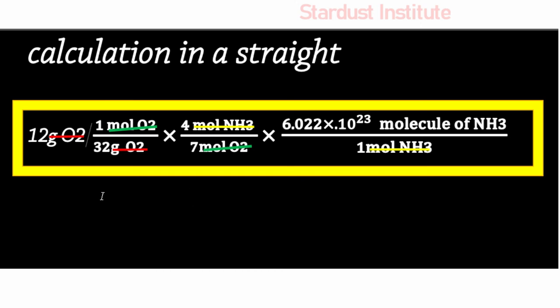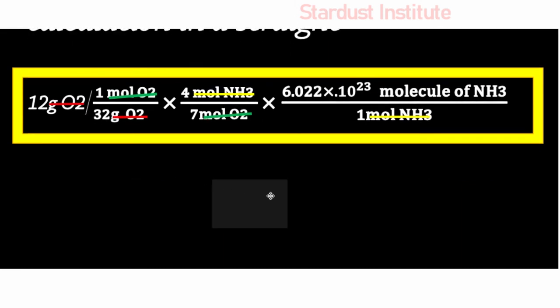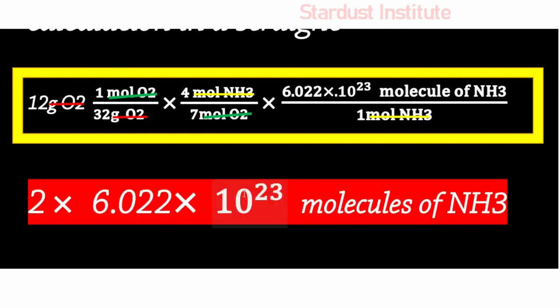Study this method slowly. Then you will be able to understand this method. Using this method also you can get the same answer. 2 times 6.022 times 10 raised to 23 molecules of ammonia.